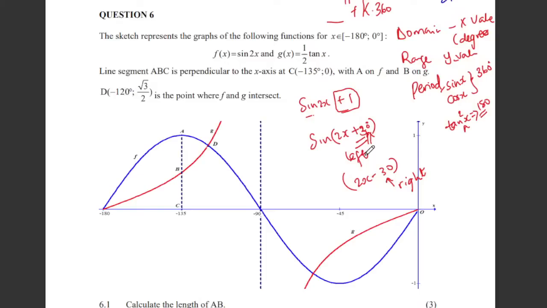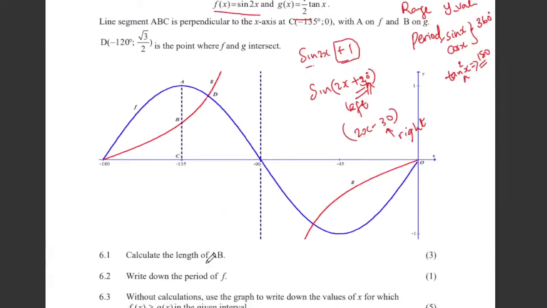Okay. Then remember we said, at least know how to sketch, and then answer what comes after. So in this case, we have f of x as that, and the g of x is that. It's a line segment at point C and so on, and then D is that. Now, they want us to get the length of AB.